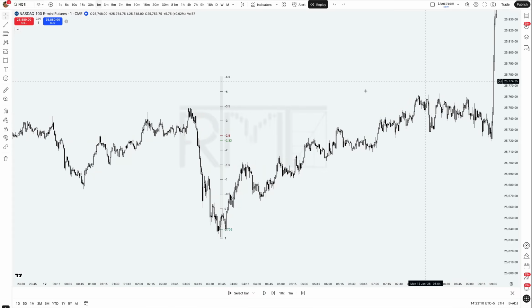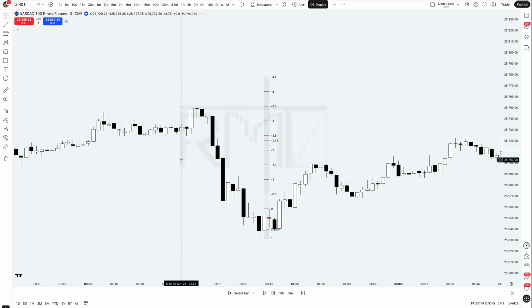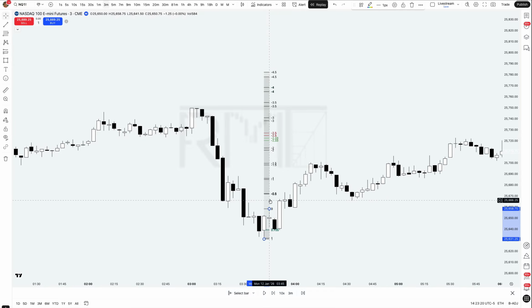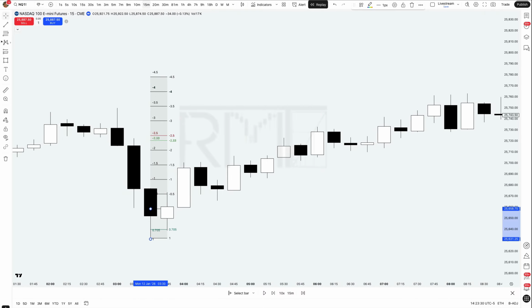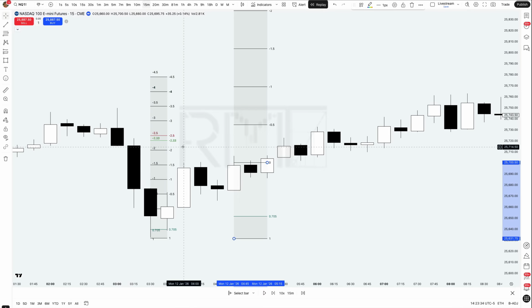If the price keeps moving higher after the 4.5, we switch to 3, and we do the same. We switch to 3 deviation, but on 3 we have almost the same level as the 1. And then if it keeps moving higher, we switch to the 15, and on the 15 we do the same: low, next opposite color candle high.